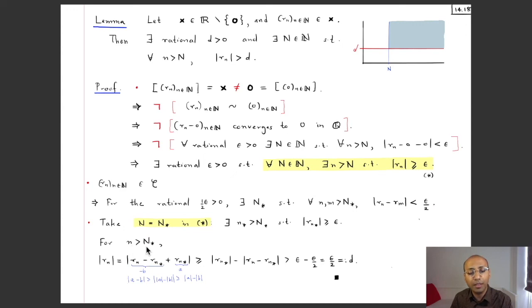For every little n which is bigger than this capital N star, we have that the mod of Rn, which is equal to mod of Rn minus Rn star plus Rn star, so I simply add and subtract this term, and now we'll use the reverse triangle inequality.